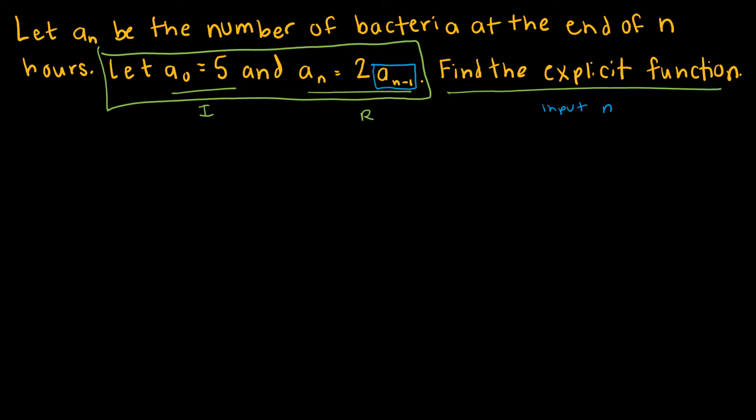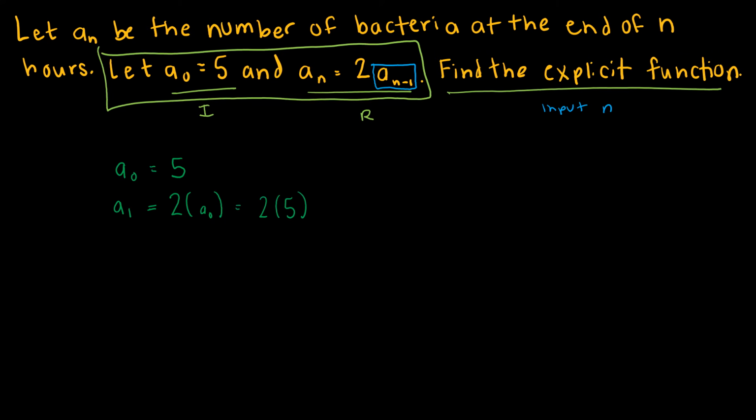So let's take a look at the process I might go through in order to do that. Remember that a0 is 5. My first value is 5. a1, according to my recurrence relation, says take 2 times a0. And 2 times a0 would be 2 times 5.